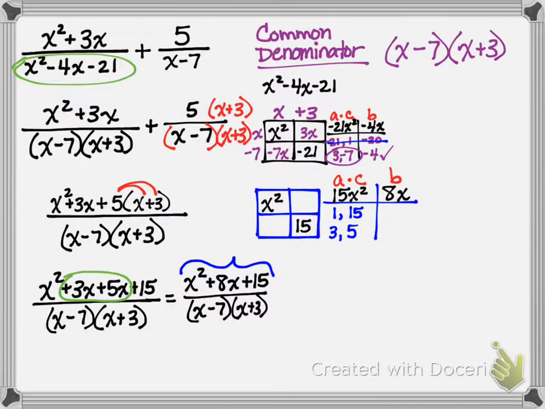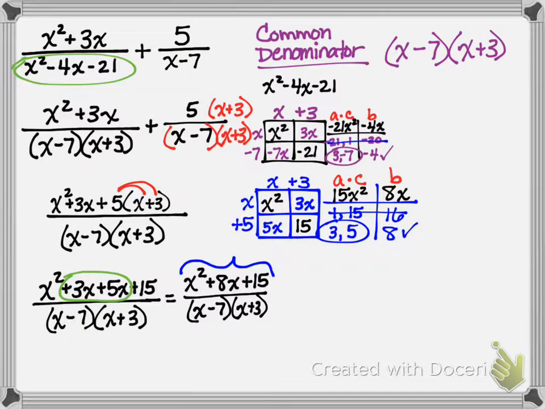Well, if I add 1 and 15 together, I get 16, and I was looking for 8. So those aren't my two numbers. But 3 plus 5 is 8, and that is what I was looking for. So this does factor. I have 3x and 5x as these two missing pieces here. So this would factor to be x plus 3 and x plus 5.